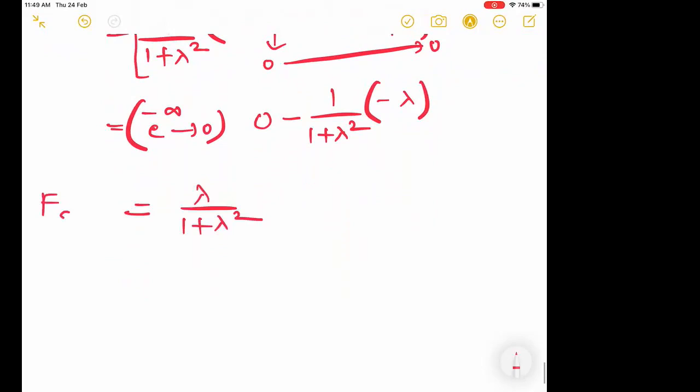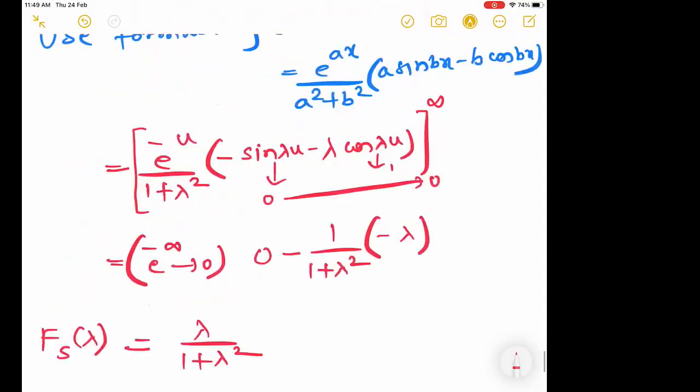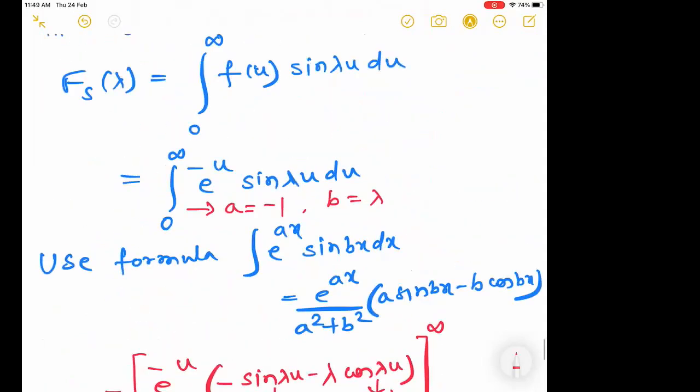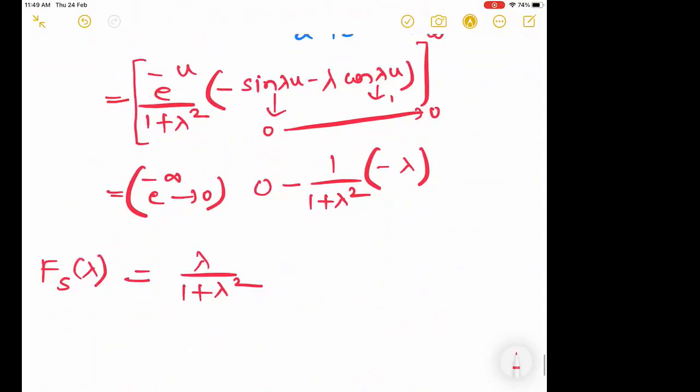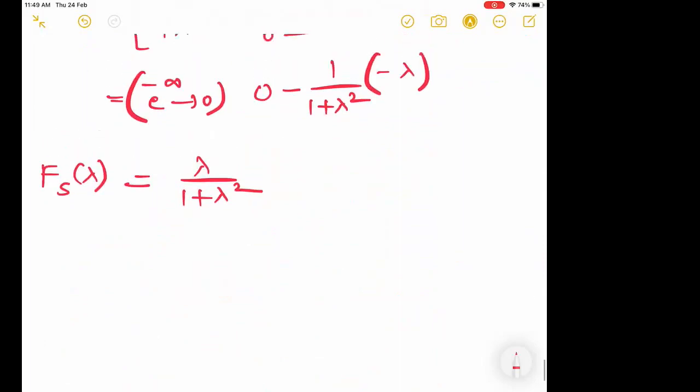So this answer, now take it for the inverse sine transform to show the required result, and therefore consider inverse sine transform.